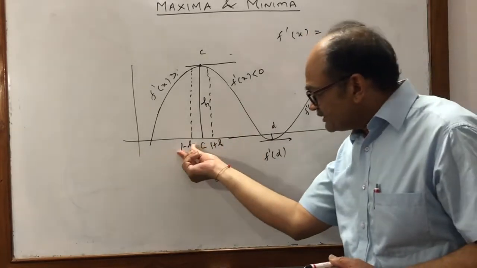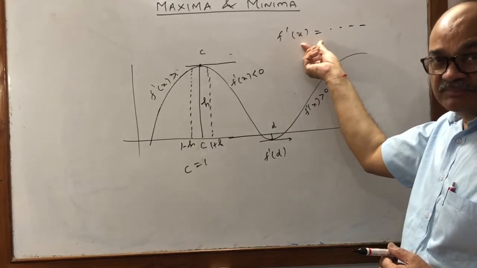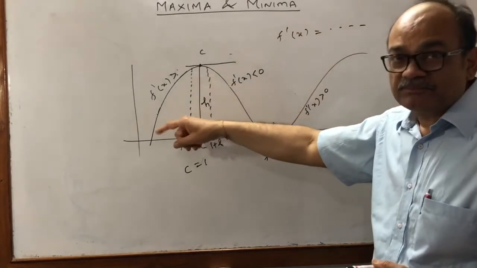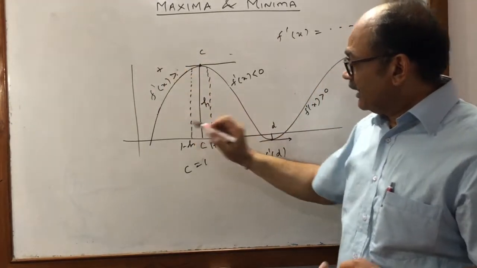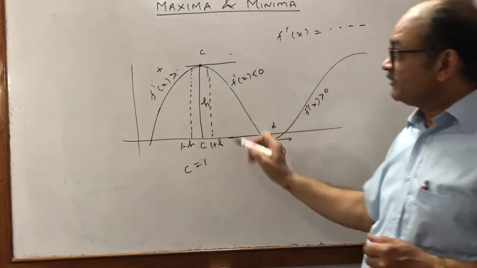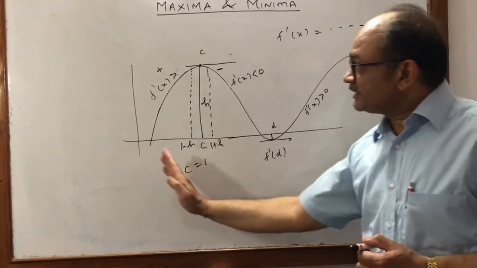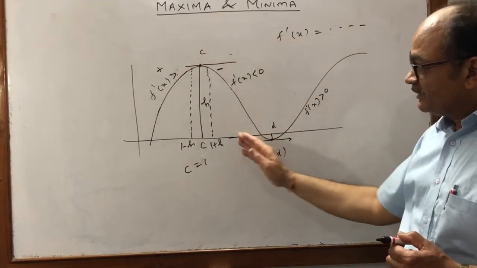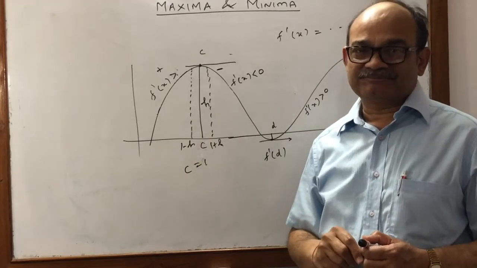For 1 minus h, if we substitute here, f dash of 1 minus h will be positive. The sign is positive. And when we put 1 plus h in f dash x, the sign changes to minus. So when the plus sign changes to a minus sign, that particular point is said to be the point of maxima.